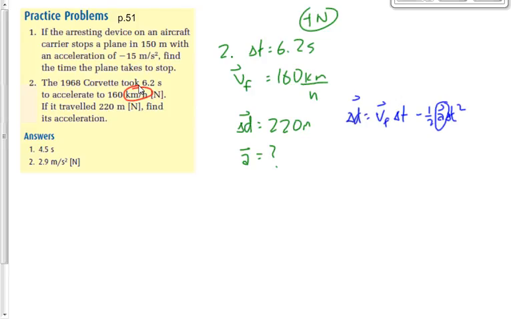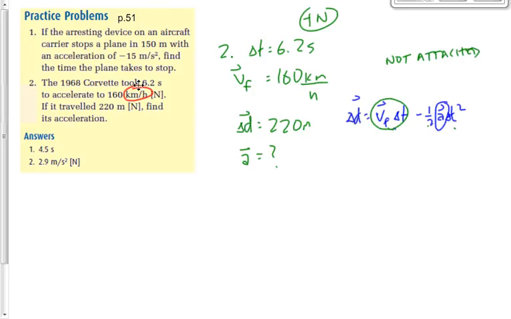Notice, distance is already on the other side, so we're not going to worry about that one. Final velocity and time are not attached. The 1/2 and the T squared are attached. What I'm going to circle in green is not attached.